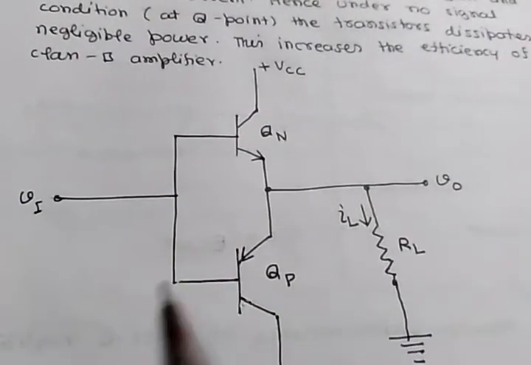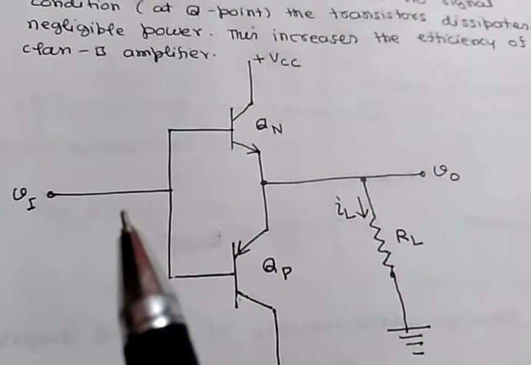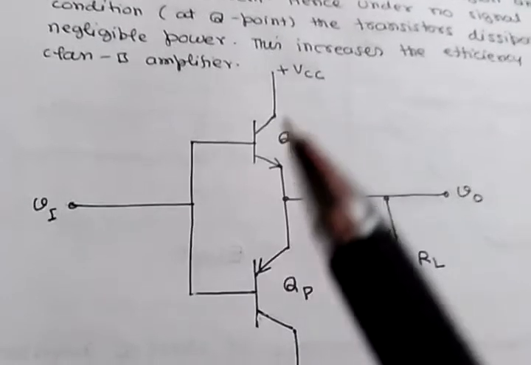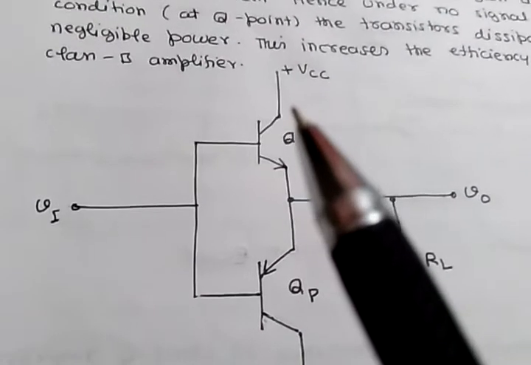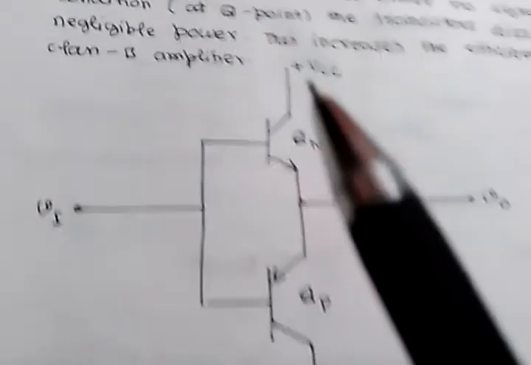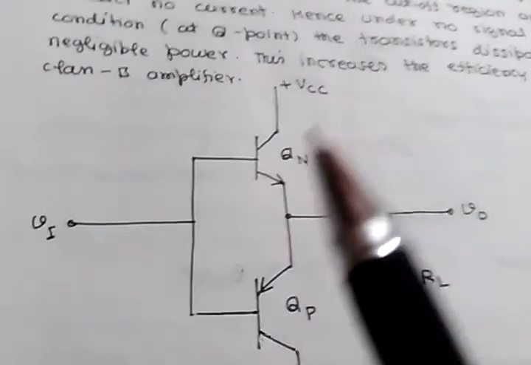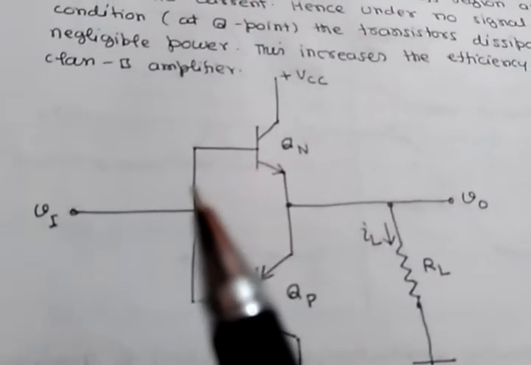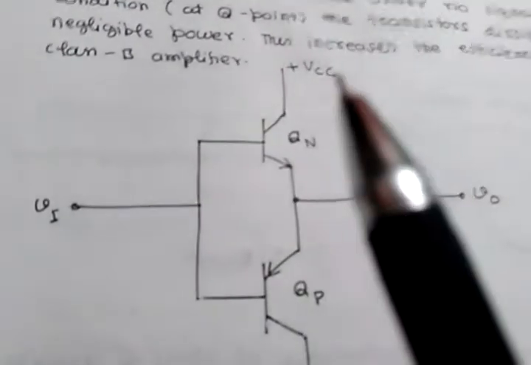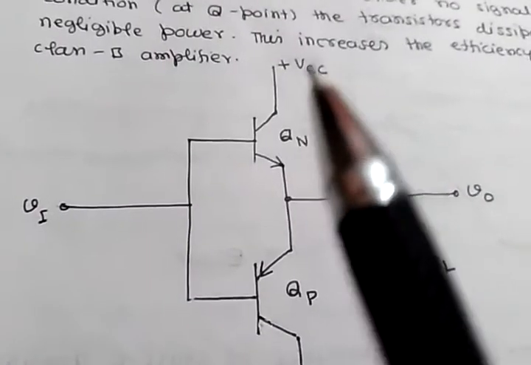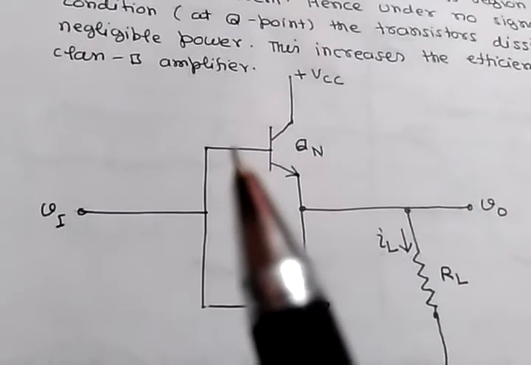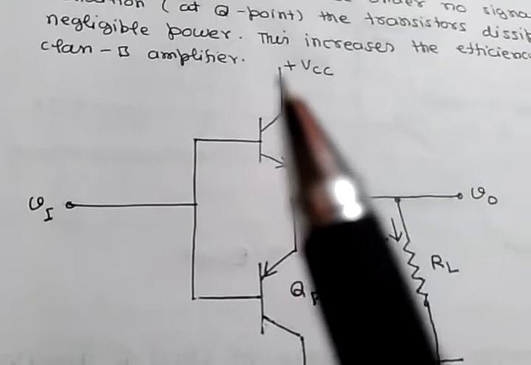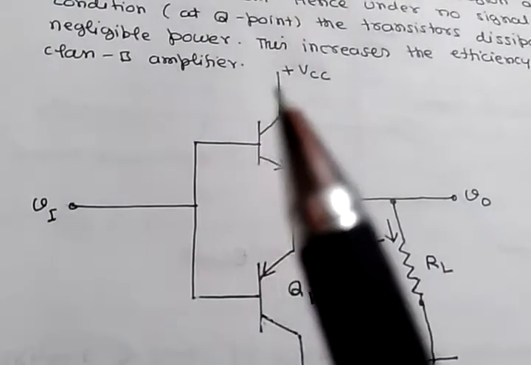Now consider the positive half cycle of the input signal, and input signal exceeds 0.5 volt. In this case, in QN NPN transistor, collector N region is at plus VCC voltage level, and P region base is at positive voltage which is greater than 0.5 volt but less than plus VCC power supply level. So in this case, P region is at lower voltage than N region collector, so collector base junction will be in reverse biased condition.